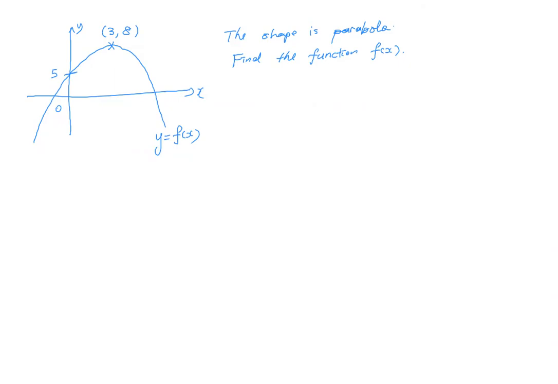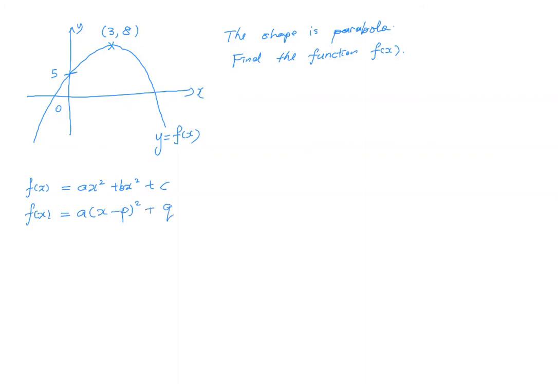So when I say find the function f(x), a quadratic function, when you have this word parabola, that means I straight away tell myself f(x) can be written in this form, or f(x) can be written in this form. Correct?